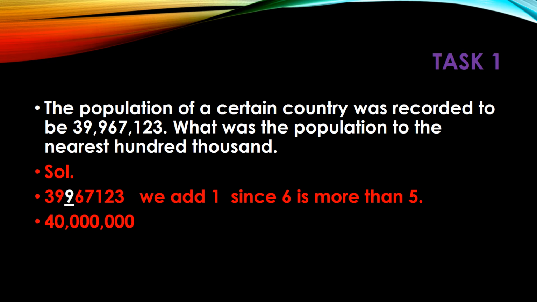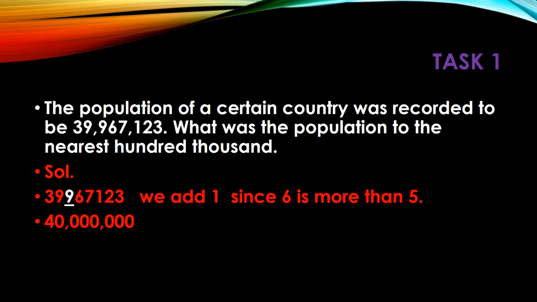So the question is, what was the population to the nearest 100,000? So what you're going to do in this question is, if you read the population that was recorded, it is 39,967,123. So they want us to round it off to the nearest 100,000.